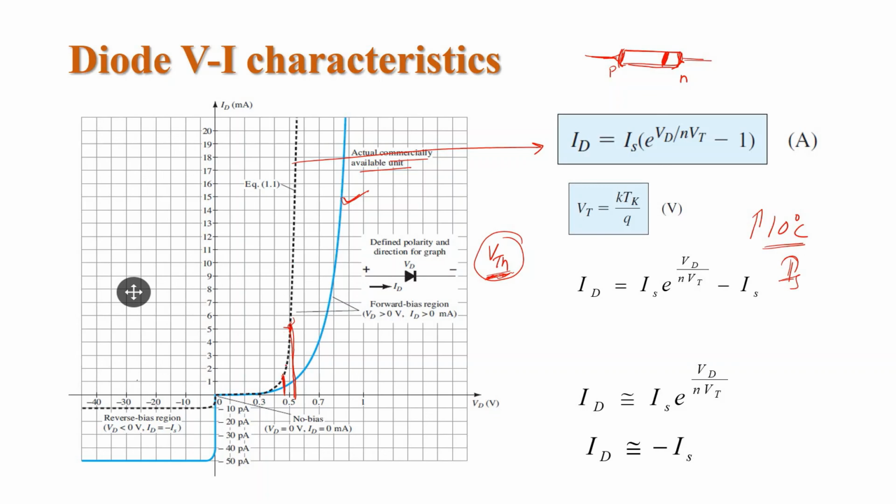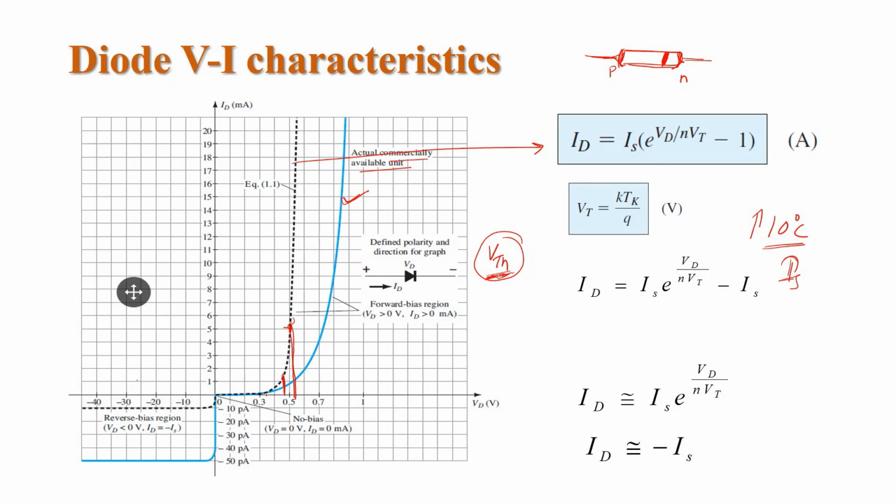So beyond threshold voltage, the diode current depends upon the circuit components rather than on the diode itself. But before threshold voltage, the diode current depends upon the biasing voltage of the diode, that is VD.